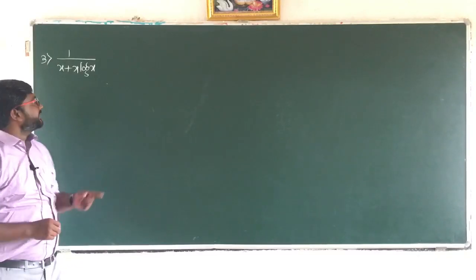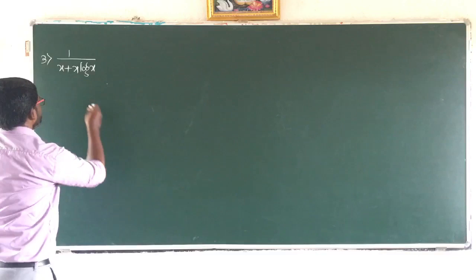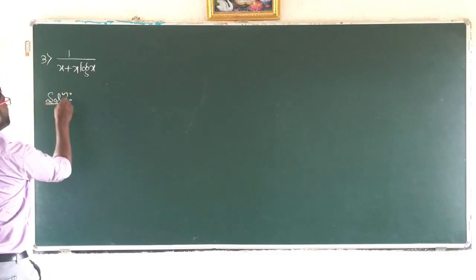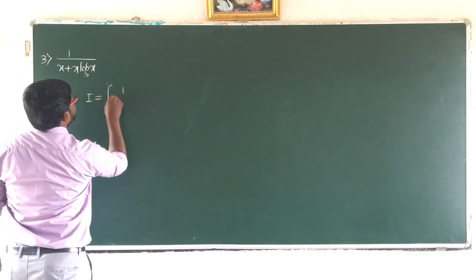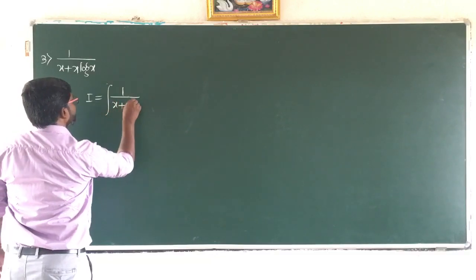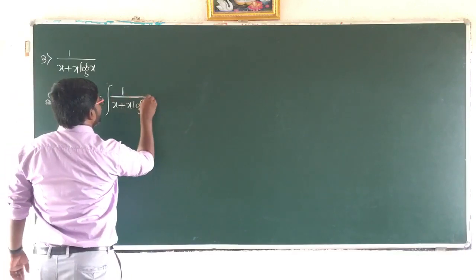The third question is 1 divided by x plus x log x. So take this as I, which is equal to integral 1 divided by x plus x into log x into log x dx.